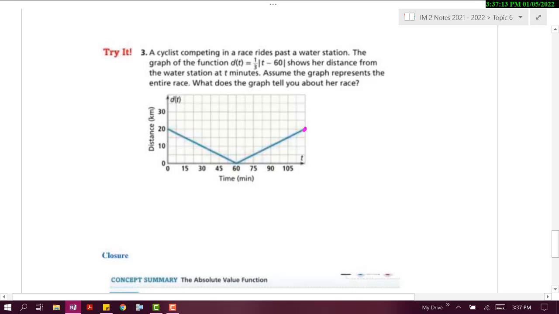Well, here, 20, here's 20. I don't have to write that again, it's already there. So that means throughout this whole thing, we went to 20 twice. So they traveled 40 kilometers.